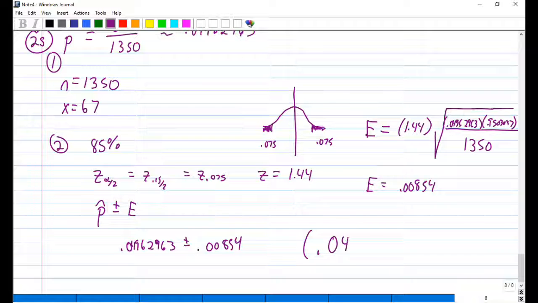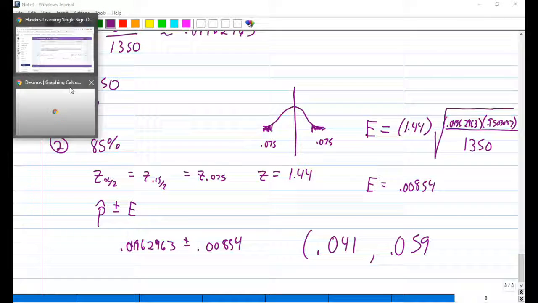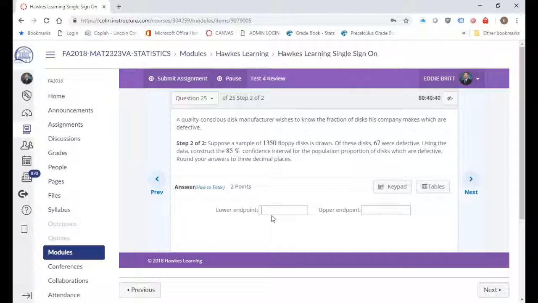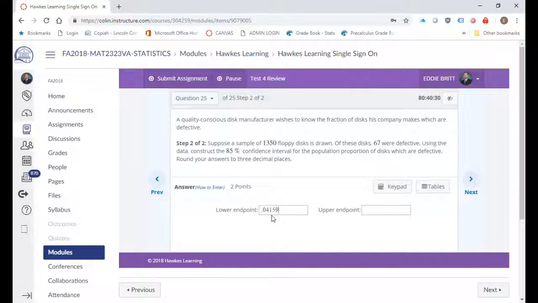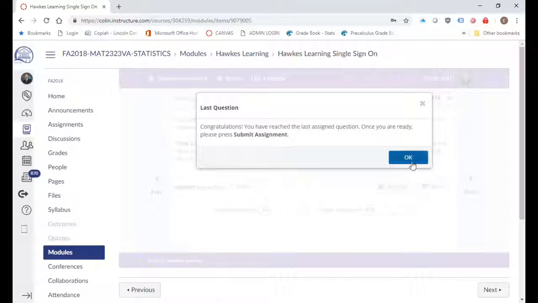And when I do that, my lower endpoint is going to round to 0.041 and my upper endpoint is going to round to 0.059. All right, and that finishes your review.